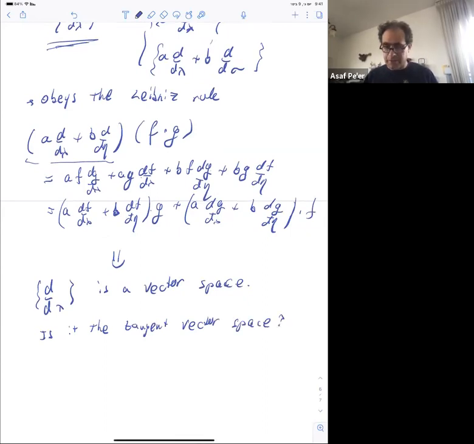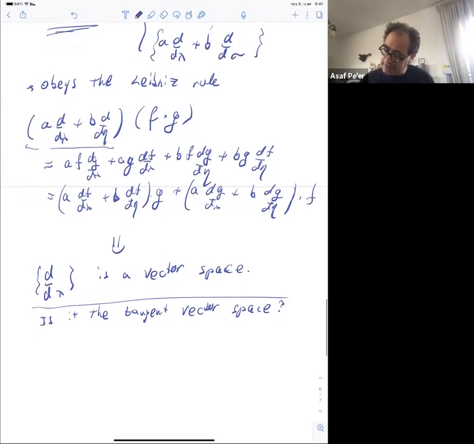Of course, yes, otherwise I wouldn't spend your time on this. The simplest way is to find a basis for this space. Just put some coordinate system as you wish, and then look at the partial derivatives along this coordinate system.